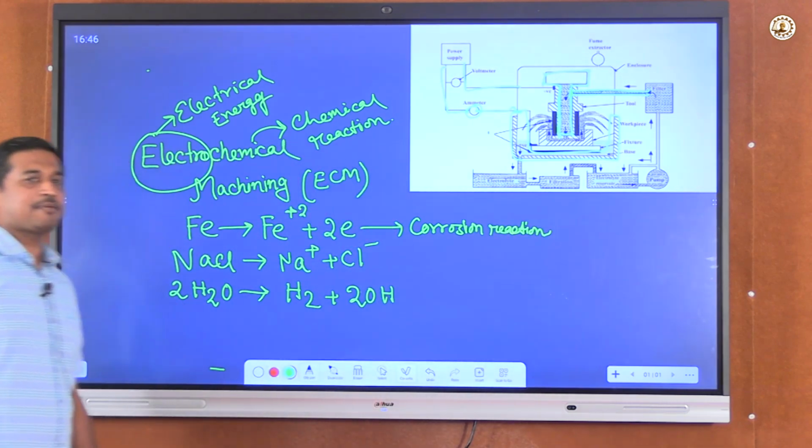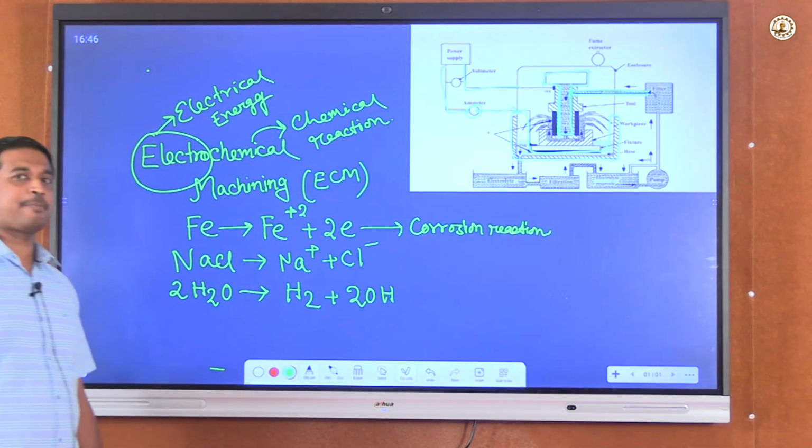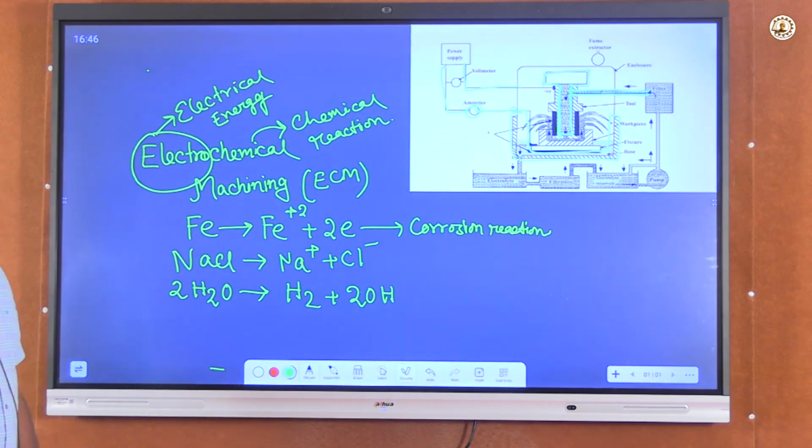After that, some current is applied across the tool and workpiece.